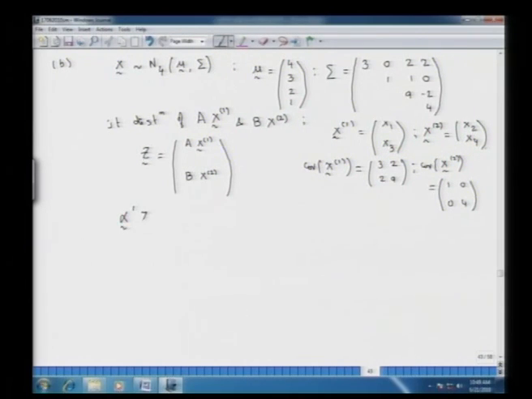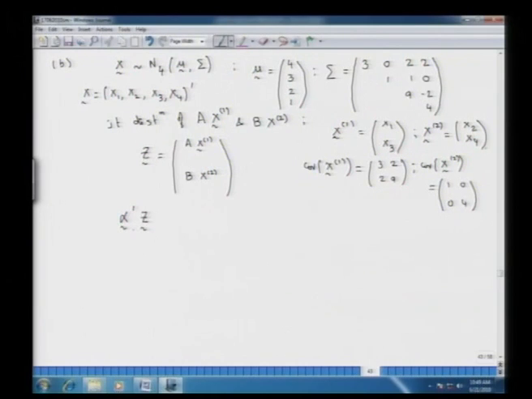Now, if we look at alpha prime Z, this is going to be a linear combination of the elements of the original x vector. The original x vector is 4-dimensional, x1, x2, x3, x4 transpose, a 4 by 1 vector which has a multivariate normal distribution.